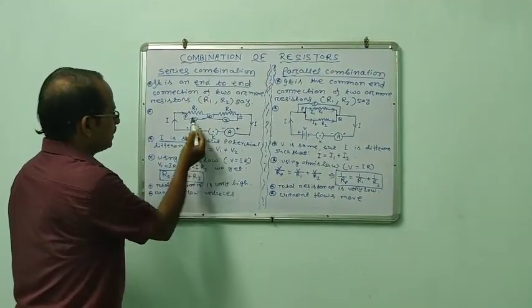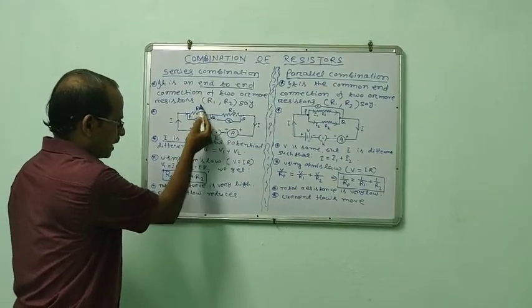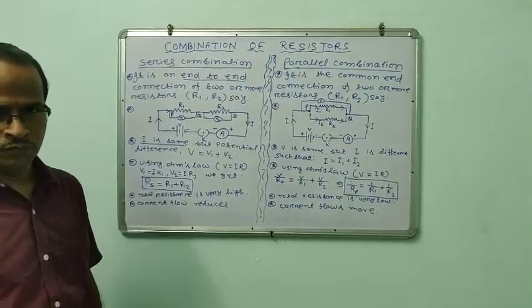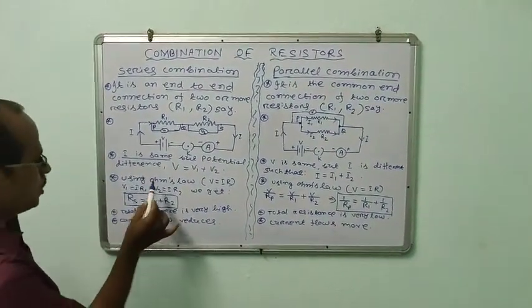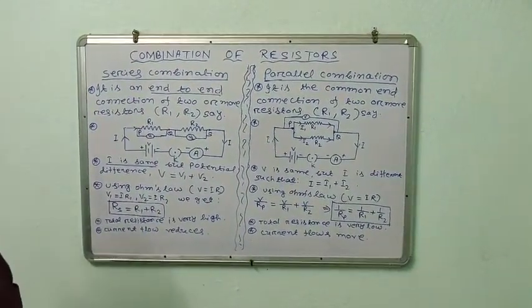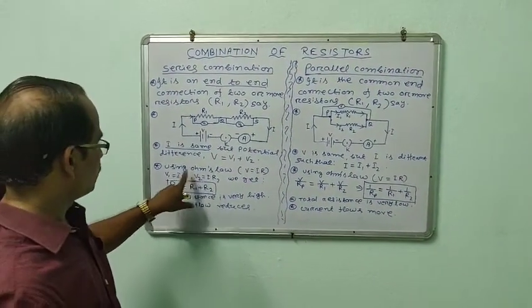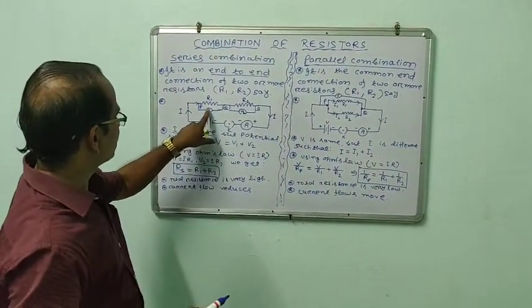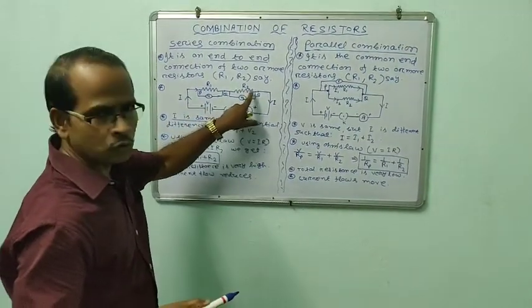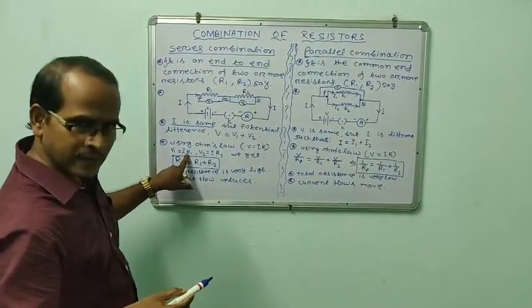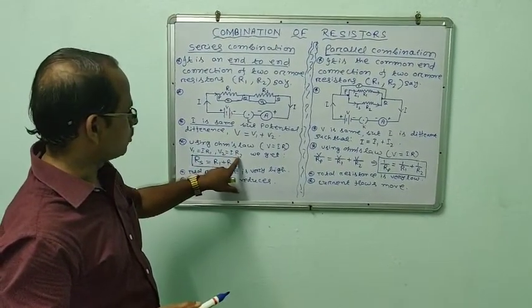V1 is the potential difference across R1 and V2 is the potential difference across R2. Now using Ohm's law, as you know, V equals IR. Similarly for V1, I flows through both the resistors. So V1 equals IR1 and V2 equals IR2.